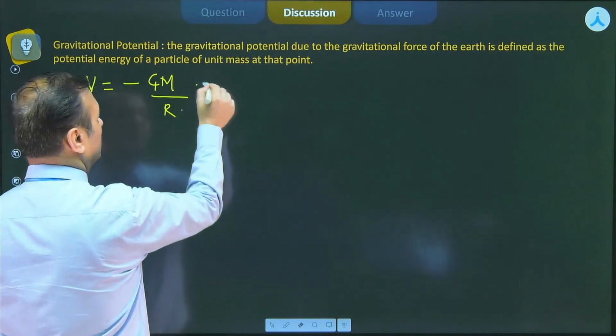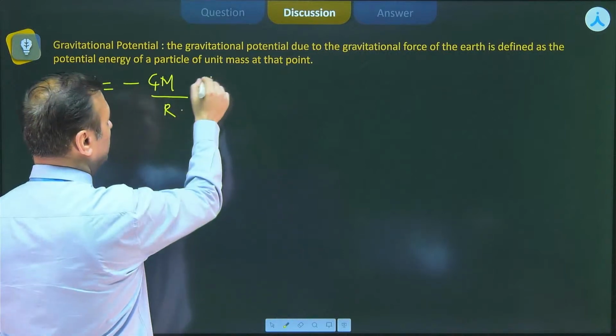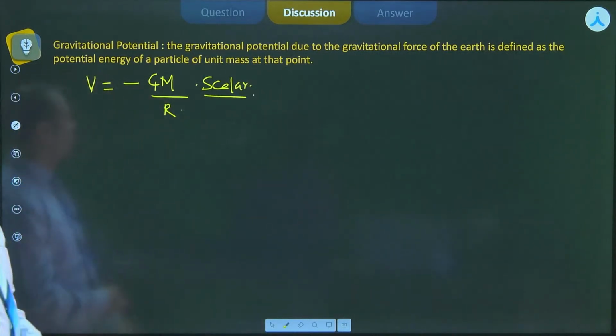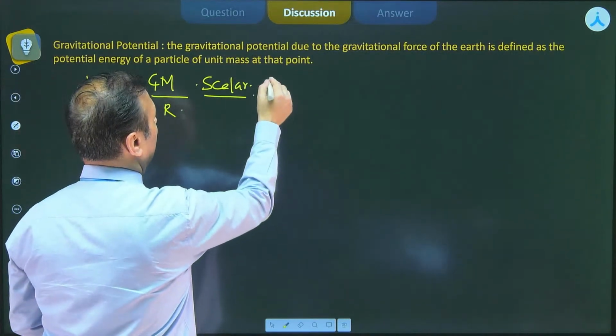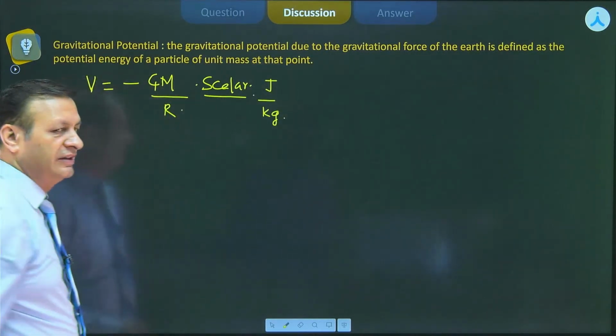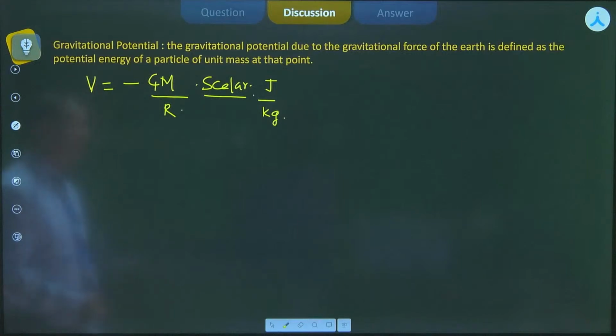This is a scalar physical quantity. You got it or not? Unit wise, this is potential energy per unit mass, and we can define the dimensions accordingly.